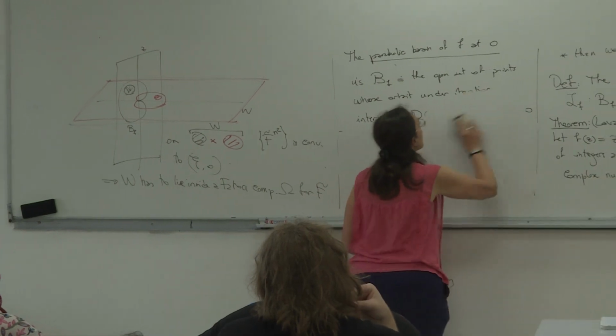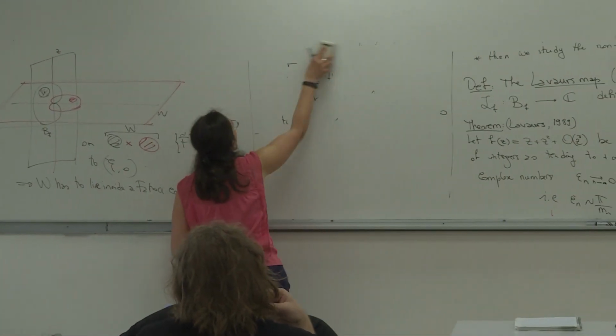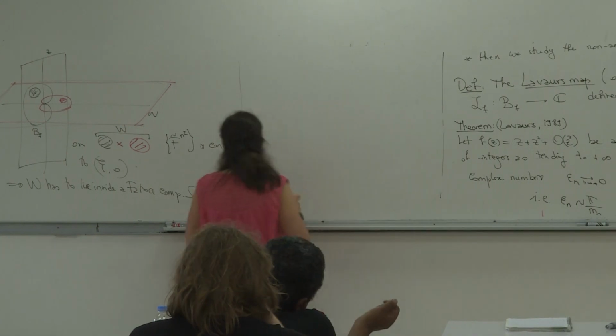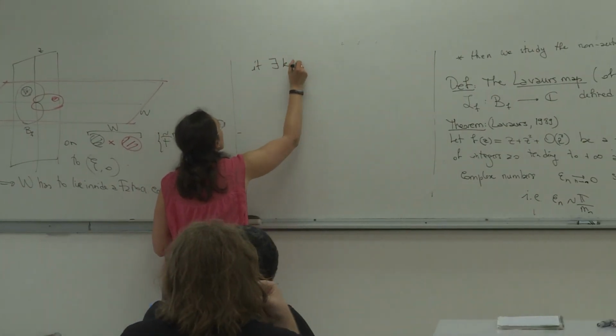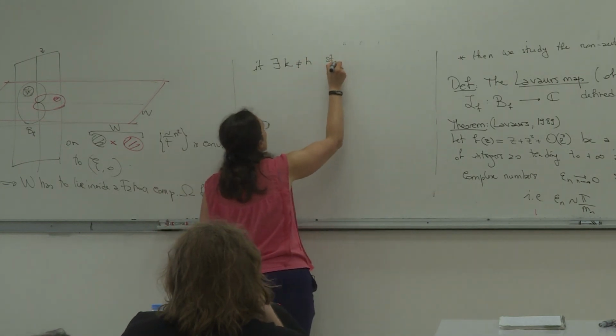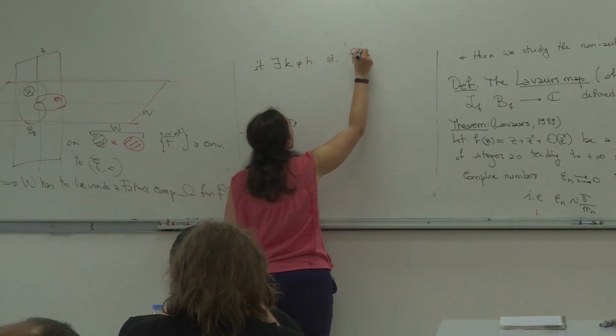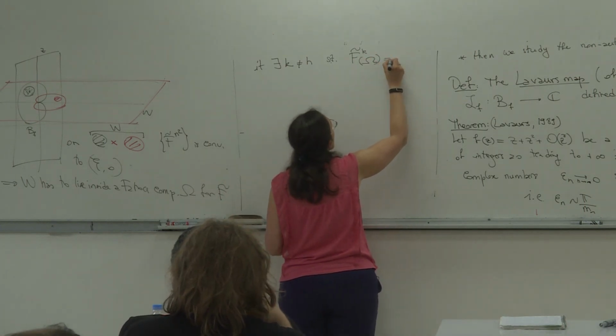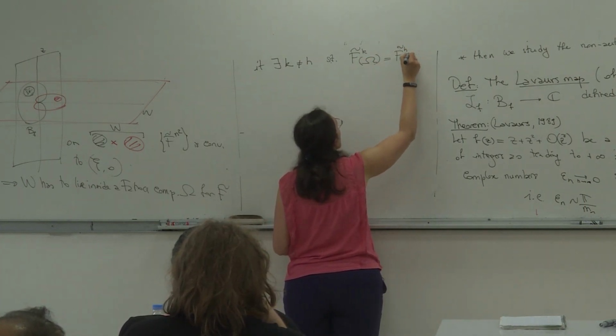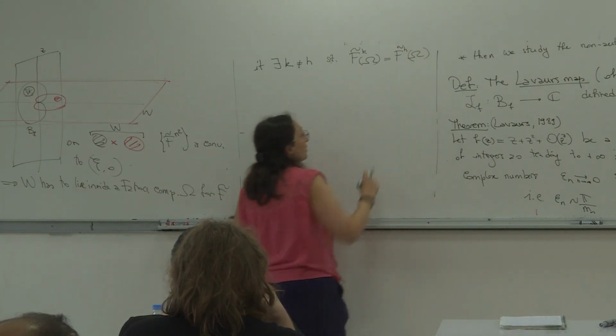Suppose there exists k different from h such that the kth iterate of omega is equal to the h iterate of f on omega.